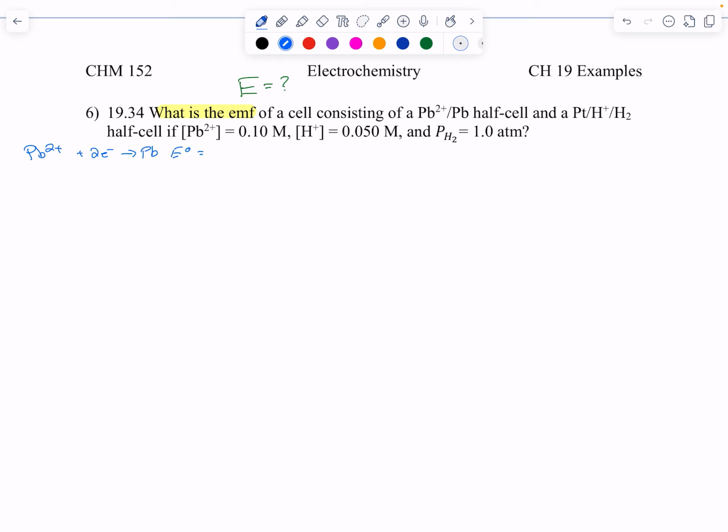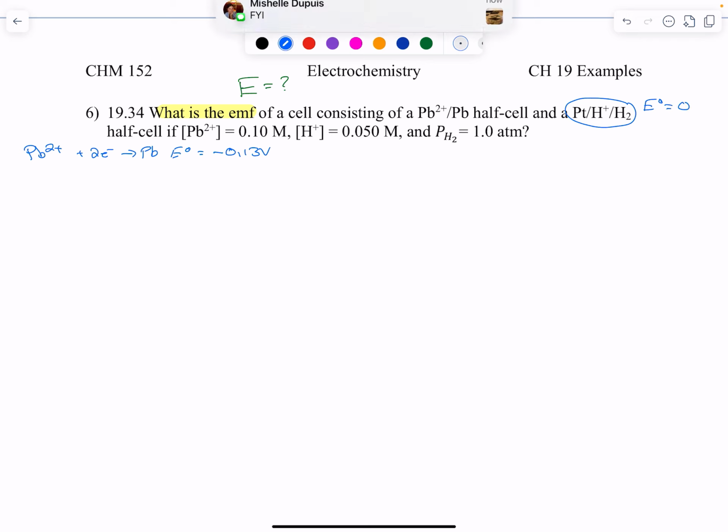Let's see if we can find that in our table. I found it at negative 0.13 volts. And then H+, this is the standard electrode potential. So this one, E standard is 0.